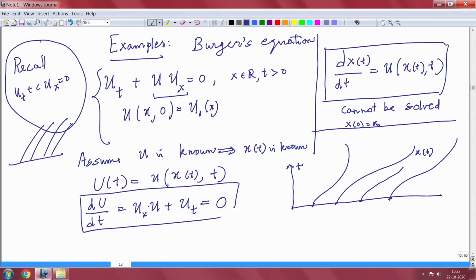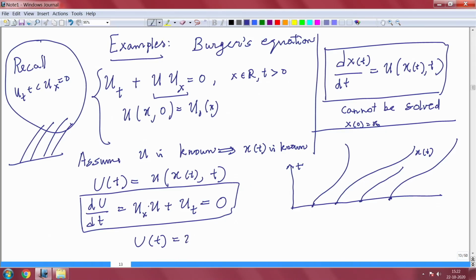I do not know the characteristic curve because I do not know u, but if you know u, you have a characteristic curve. Along the characteristic curve my u is constant, that implies u(t) equal to u(x(t),t) is constant. Do you see something interesting happening here? Think about it. What information is this giving? Does it give any special information about the characteristic curve, which we will see in the next class. Thank you.